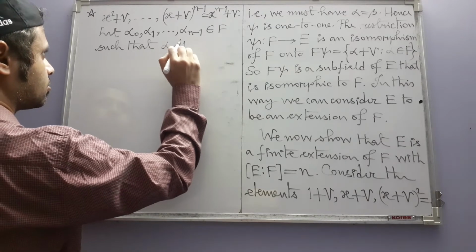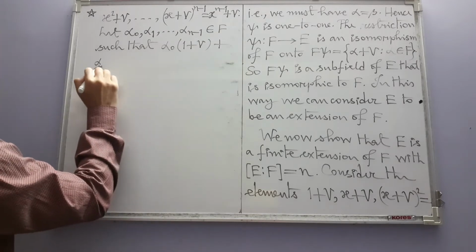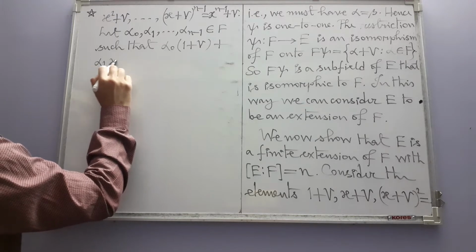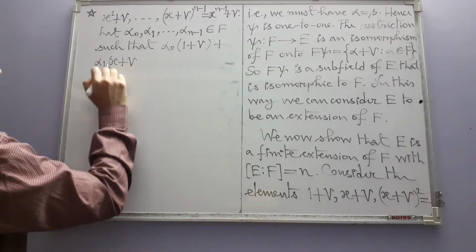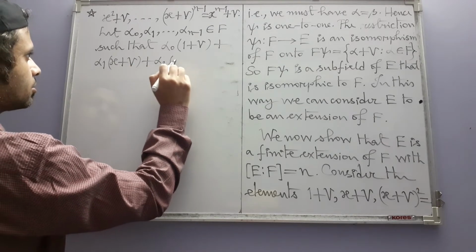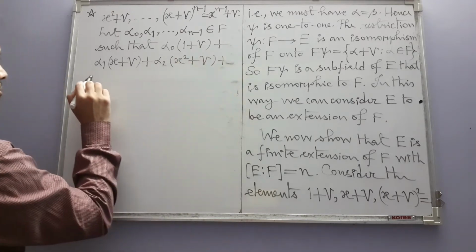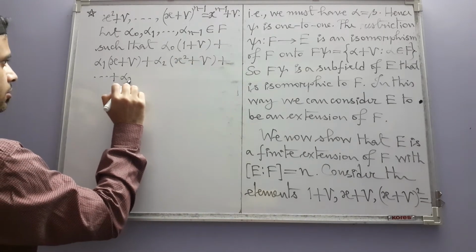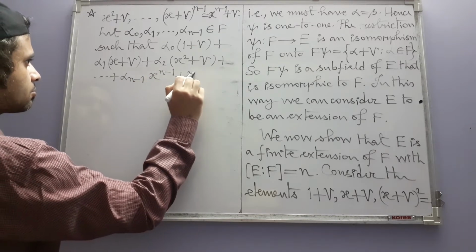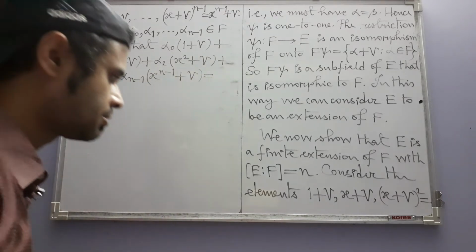alpha naught times 1 plus V, plus alpha 1 times x plus V, plus alpha 2 times x square plus V, plus dot dot dot, alpha n minus 1 times x to the power n minus 1 plus V, is equal to the 0 element in the vector space.